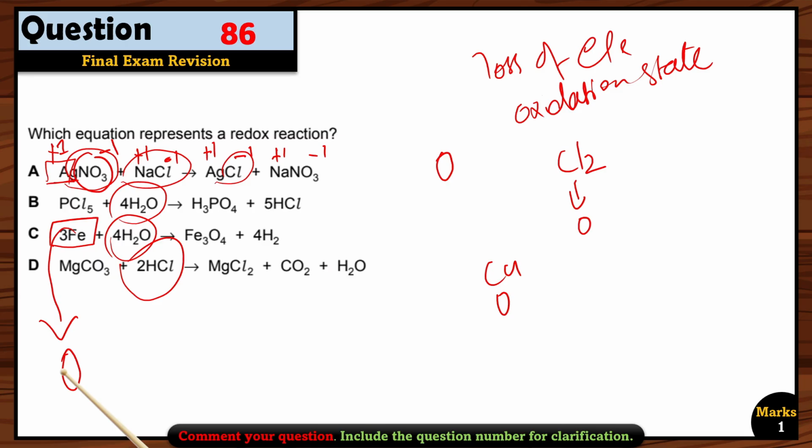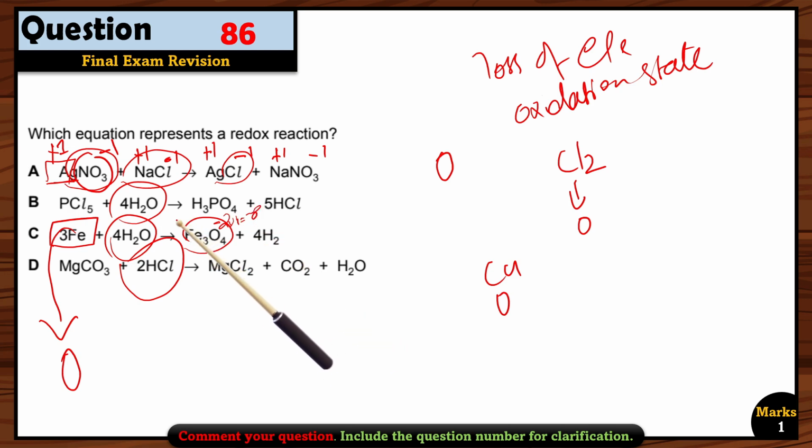Now you can see, does the oxidation state change or not? If the oxidation state has changed, then this is a redox reaction. The oxidation state of iron is zero here. And now let's see here, O4 means oxygen is -2. So -2 times 4 is -8.